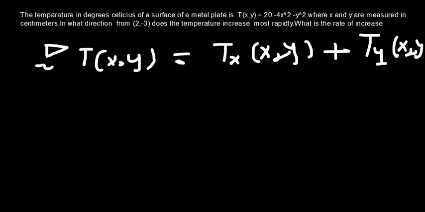So the derivative with respect to x: we can see here we have only one x squared, so the derivative of this function is negative 2x.